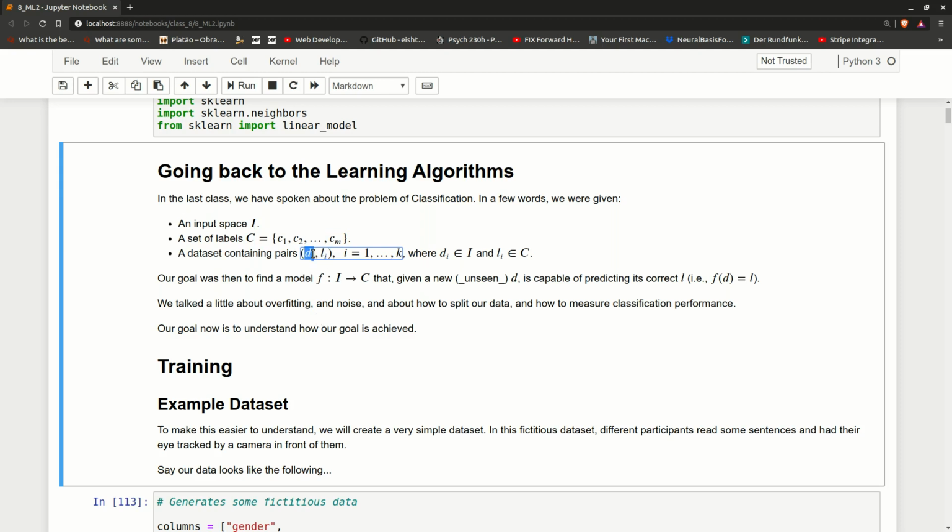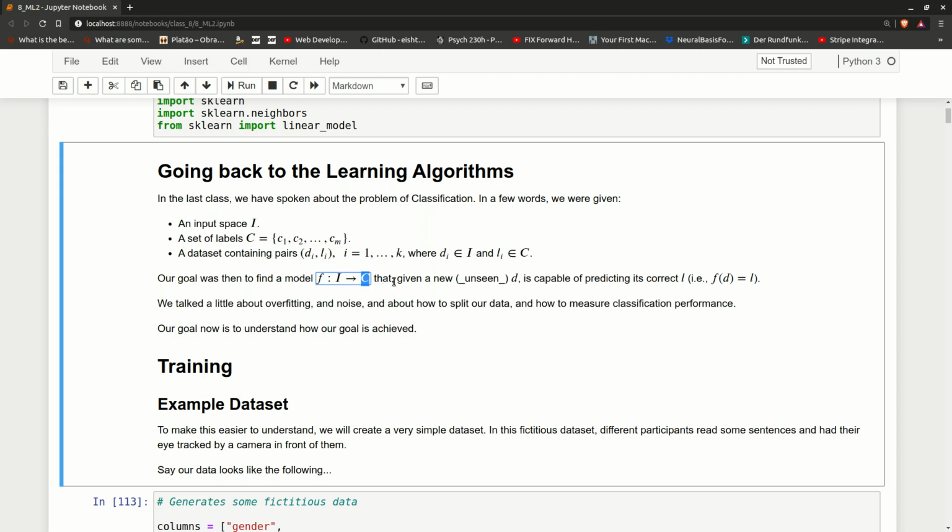So for example, the data point 0.8, 0.5 was associated with the label red. The data point 0.2, 0.2 was associated with the label blue, etc. So our goal was to find a function f that, given a new data point that the algorithm has never seen, so let's say 0.5, 0.2, is able to assign it a color, so a class, either blue or red.